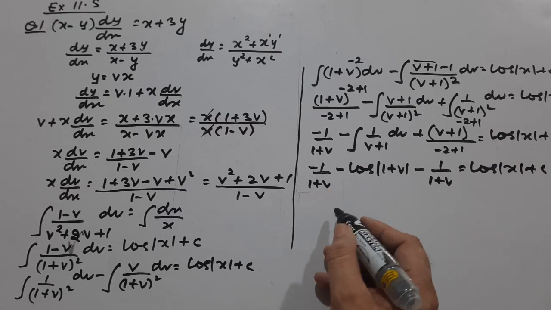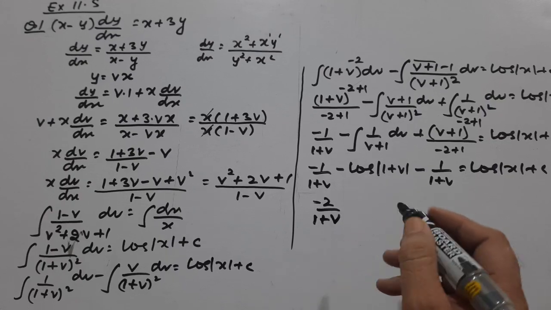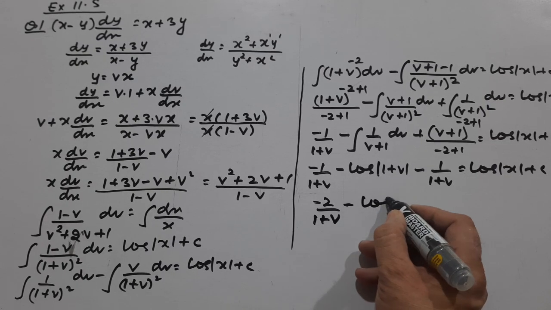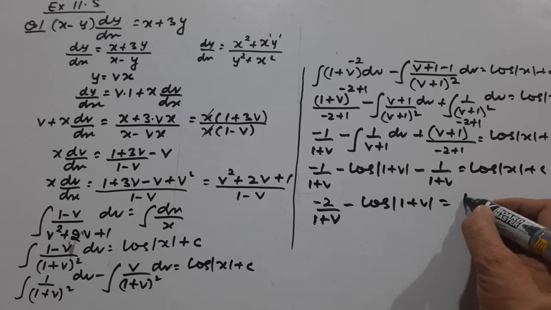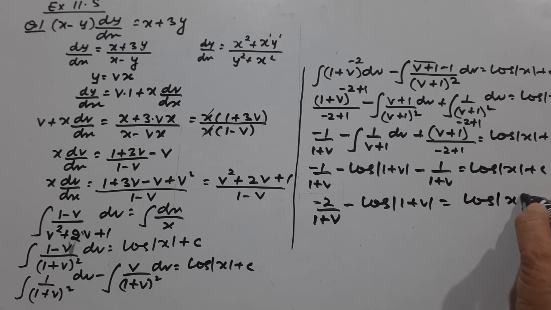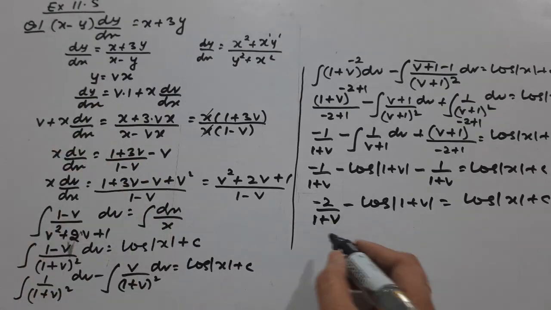Now on solving it, we get minus 2 upon 1 plus v minus log (1 plus v) equal to log x plus c. Now putting the value of v, from here v equal to y upon x.